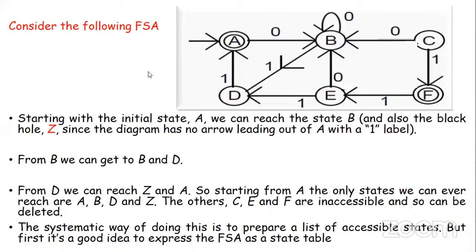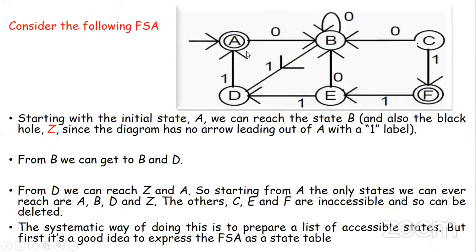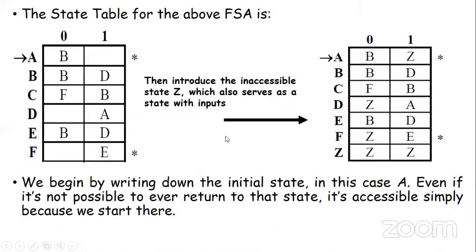All right, so moving forward, this is a state table. Now you will see that under 1, you have nothing to write because there's no input that can lead you to 1. Then under D for 0, no input. Then for F, no input. If you look at it, how many accepting states? We have 2. All accepting states are indicated using an asterisk.